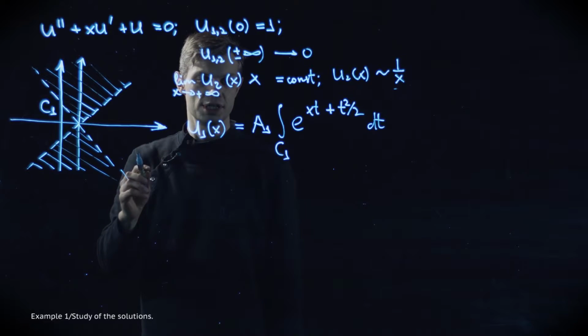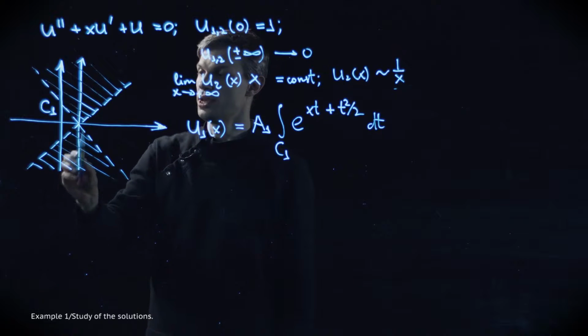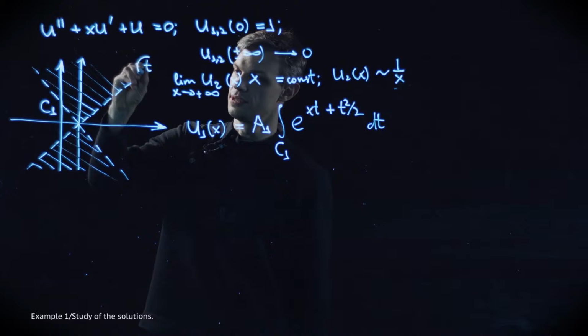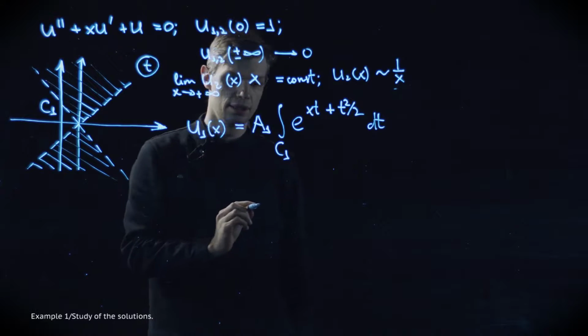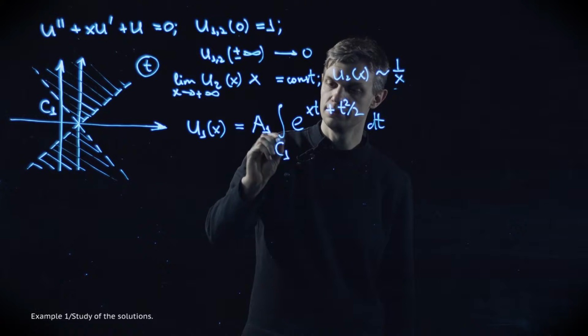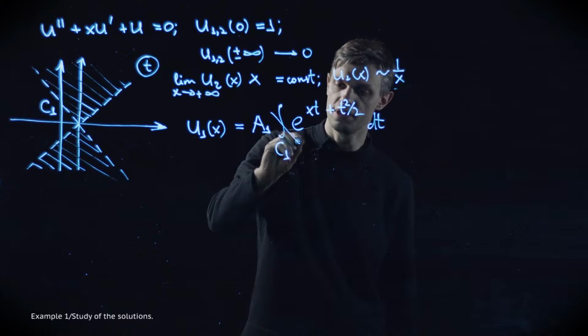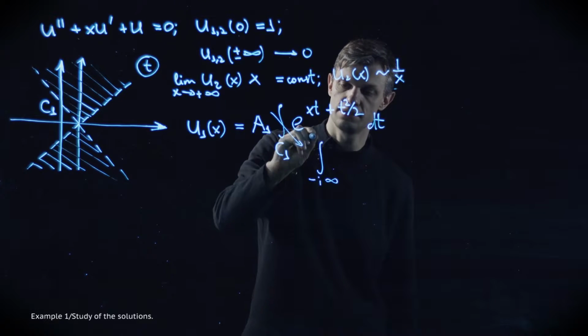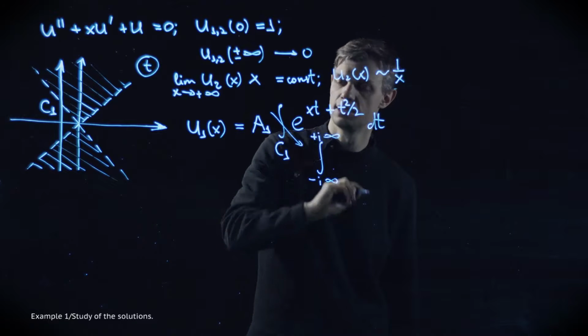So why don't we just position the contour along the imaginary axis of our complex plane? Sorry, this is the t complex plane. This way our integral becomes the integral from minus i infinity to plus i infinity.